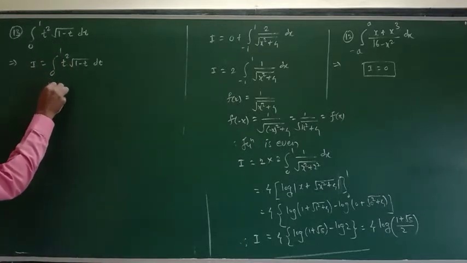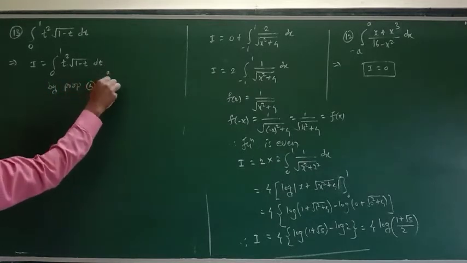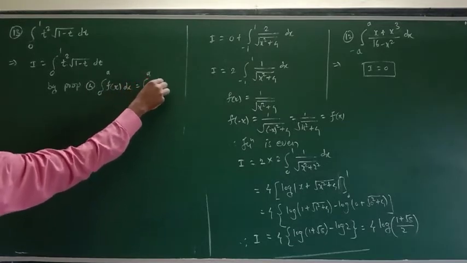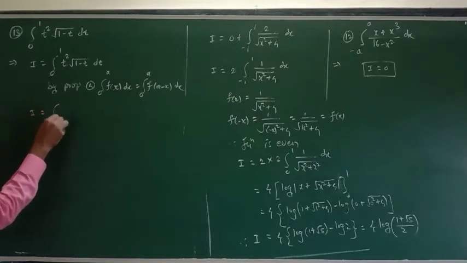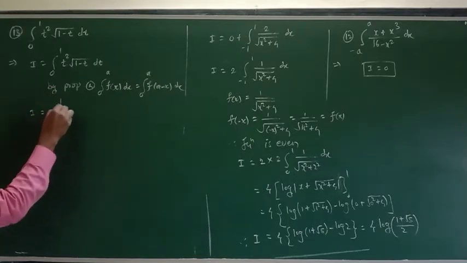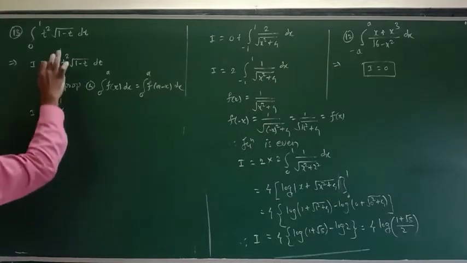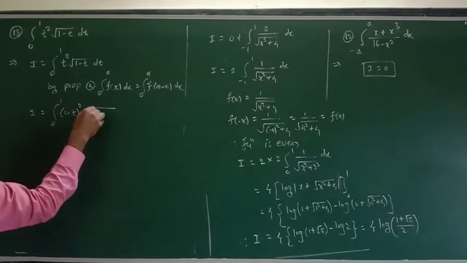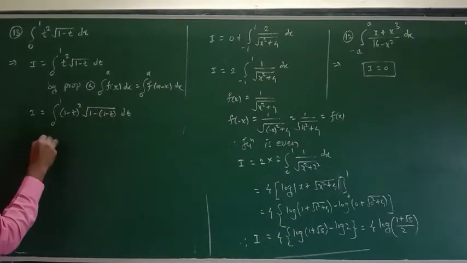If I use property number 4, what is it? The integral from 0 to a of f(x) dx is equal to the integral from 0 to a of f(a minus x) dx. So the integral is from 0 to 1. I replace t by 1 minus t, that is the square of 1 minus t, dt.